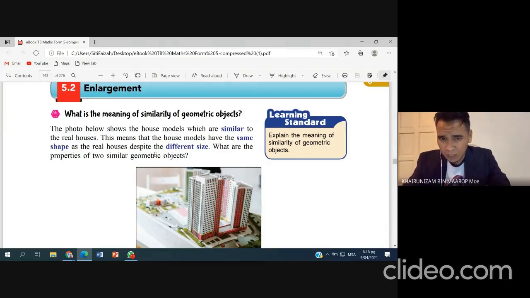This means that the house model has the same shape as the real house despite the different size. Same shape but different size. So what are the properties of two similar geometric objects?